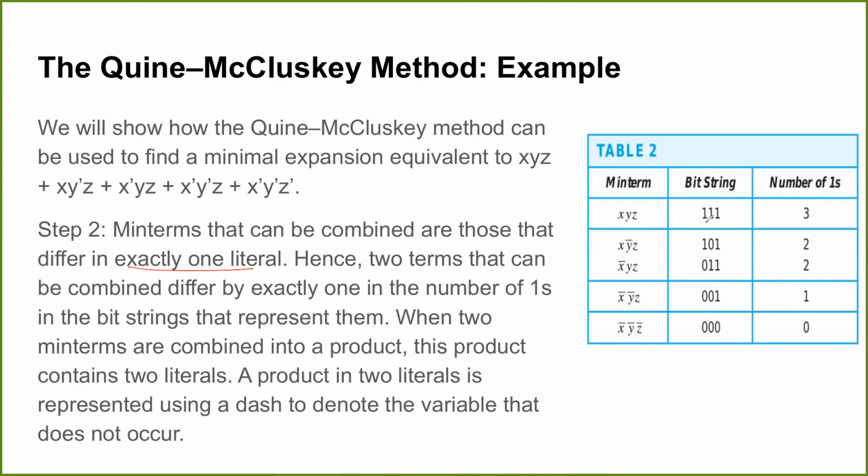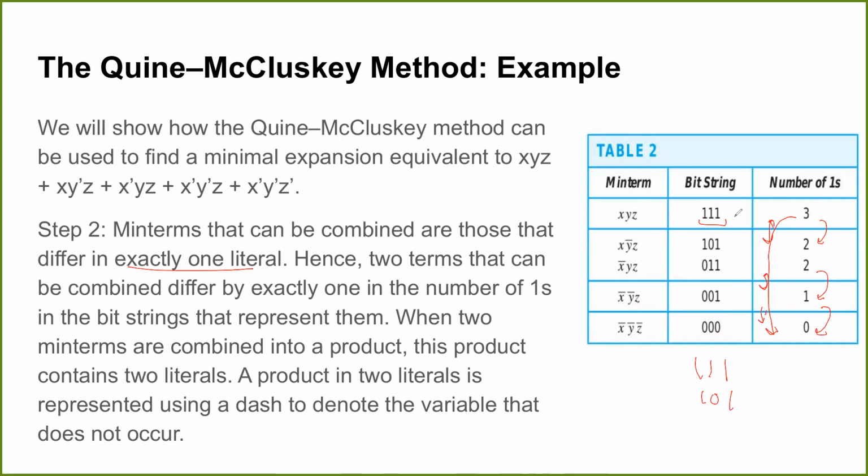If I compare 111 with 101, you can always compare one partition with the adjacent one. Can I compare the third partition with the zero partition for this step? No. Why? Because we need strings which differ in one literal, which means they will be in adjacent partitions.